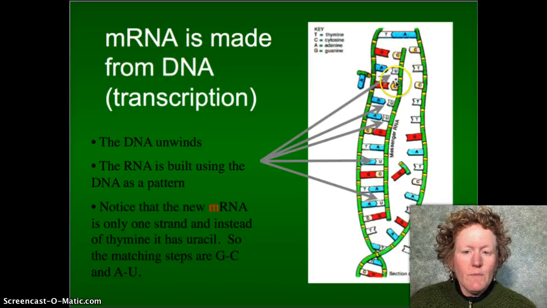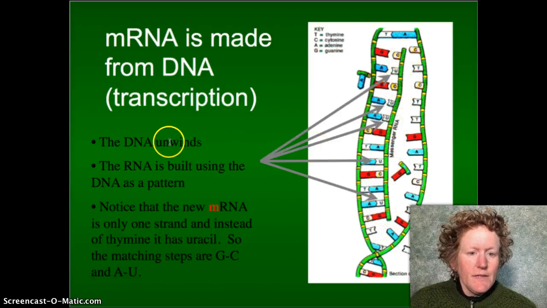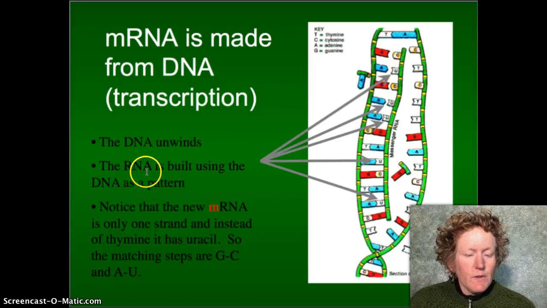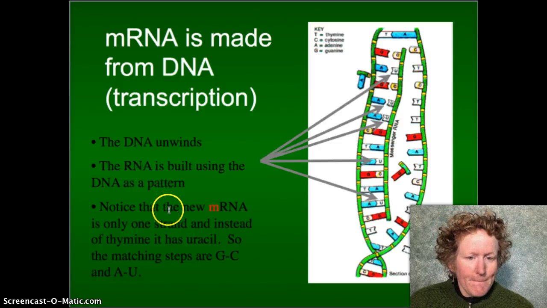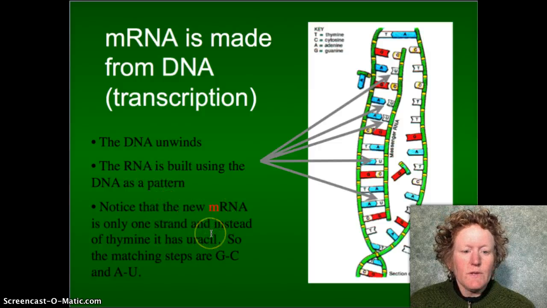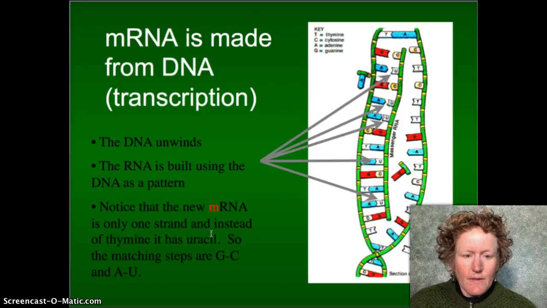You can see only part of the zipper is unzipped here, and the mRNA is being made in the middle. The DNA does unwind just a little bit at a time. The RNA is built using DNA as a pattern, and then the DNA zips up again. The new mRNA is only one strand, and it has uracil instead of thymine.